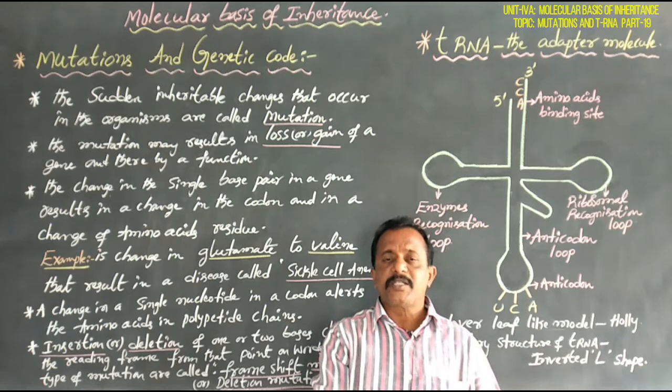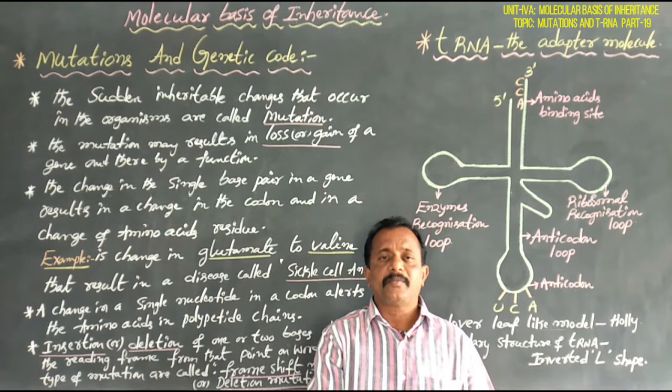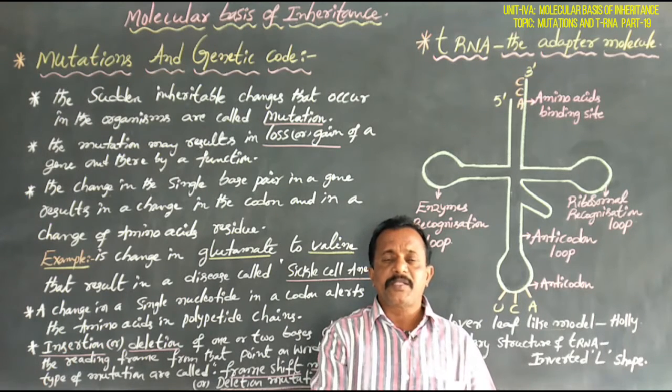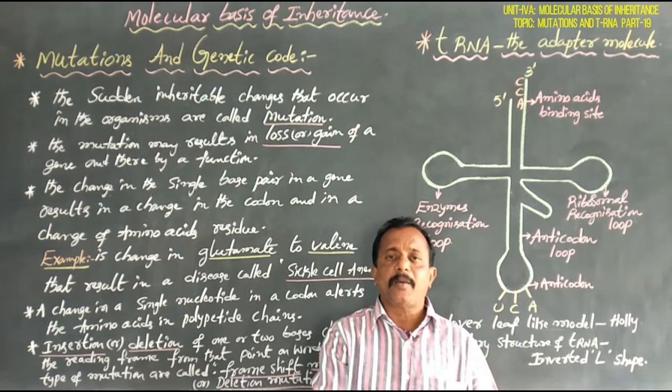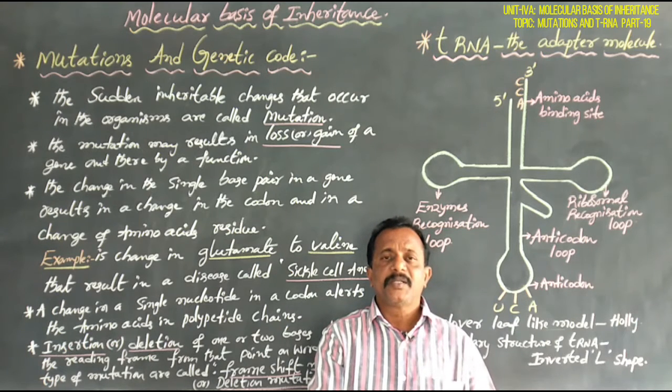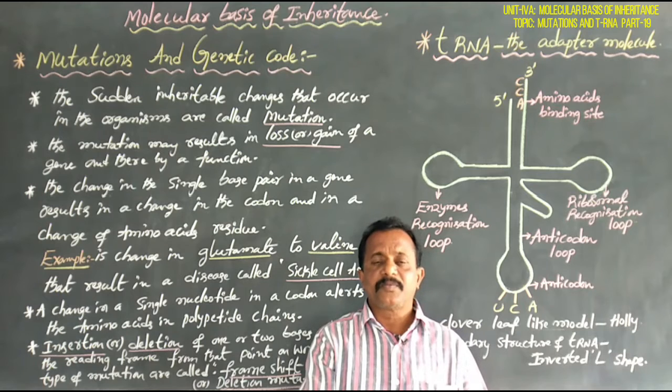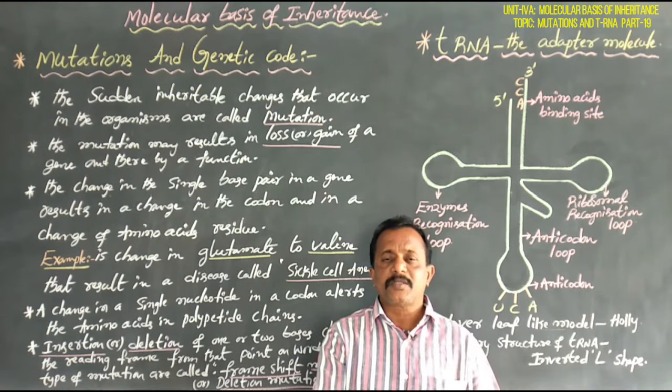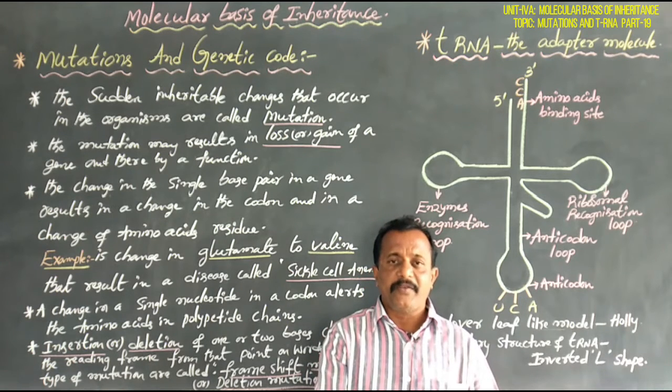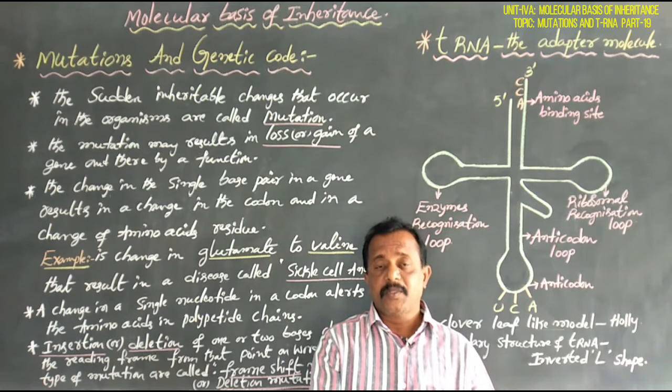Mutation was first observed by Hugo de Vries in the Oenothera lamarckiana plant, that is the evening primrose or four o'clock plant.